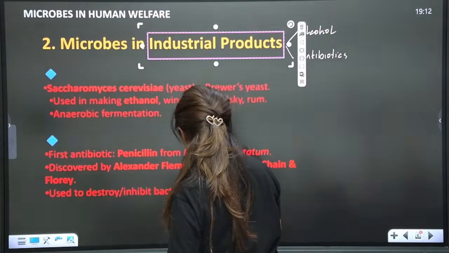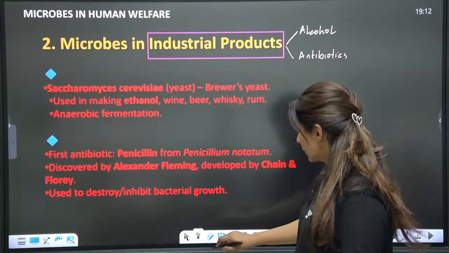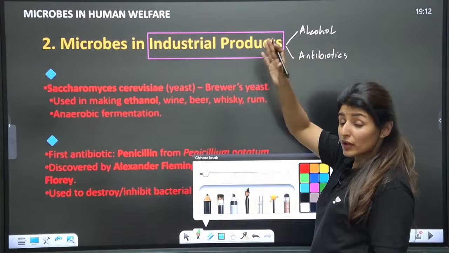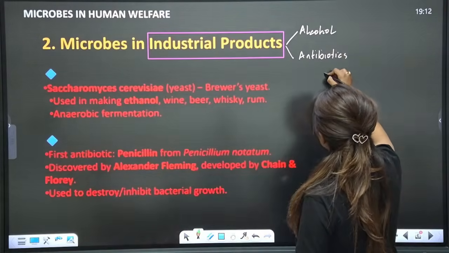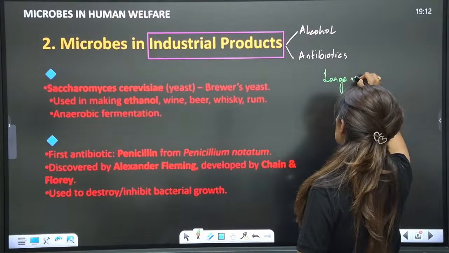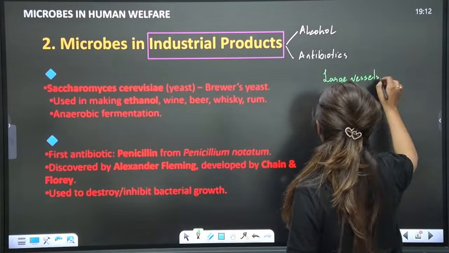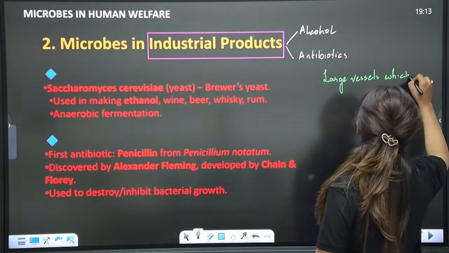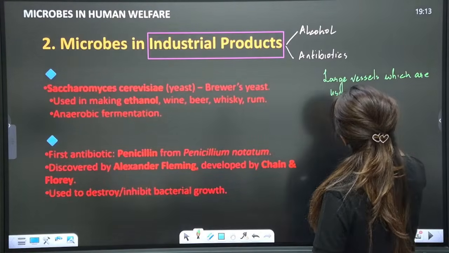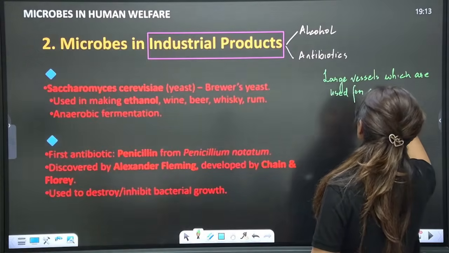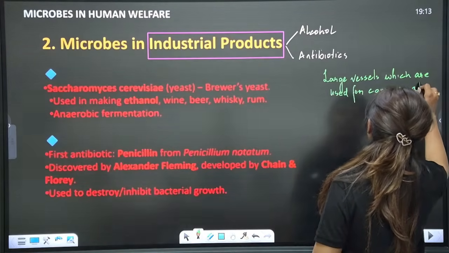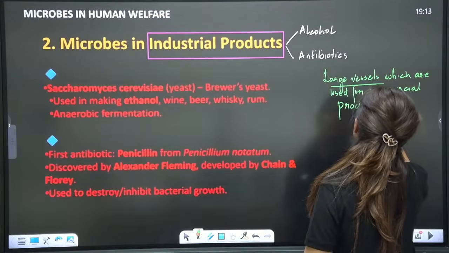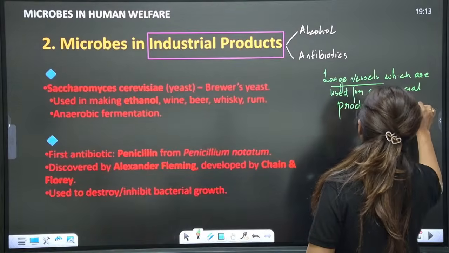First of all, the large vessels where these products are produced for commercial production are known as fermenters.